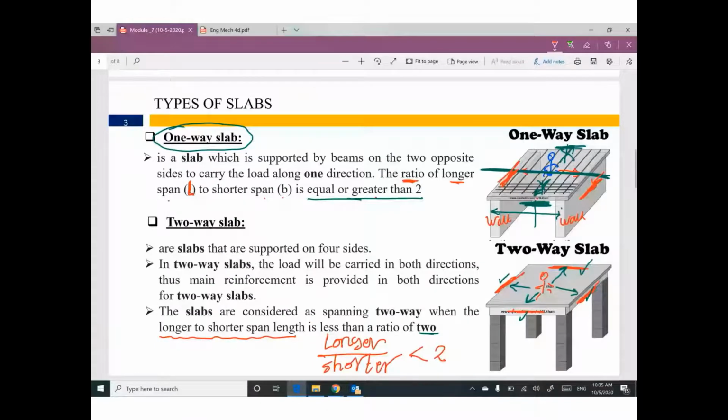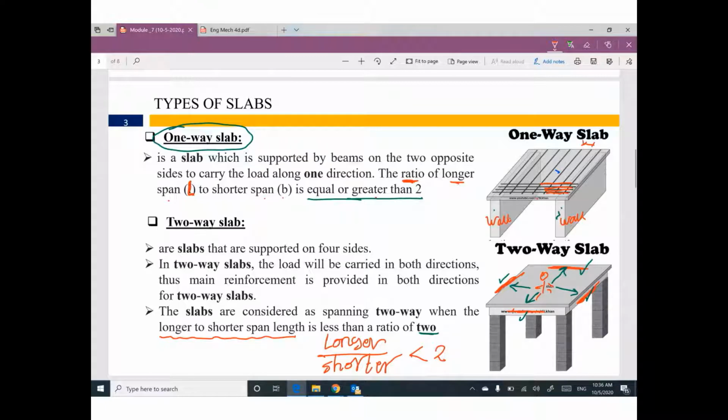Can you go back to this one? One more time, can you watch? In this direction we have intensive reinforcement. The spacing between reinforcement is smaller than the spacing between these reinforcement. Why?